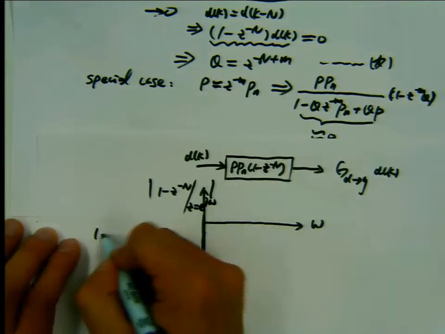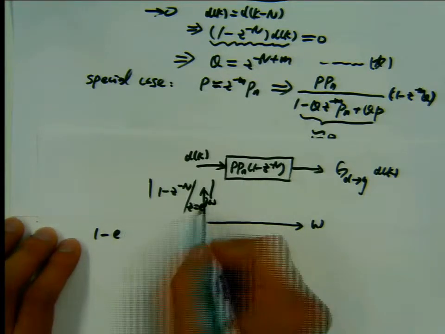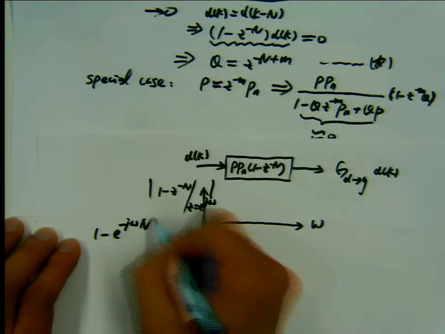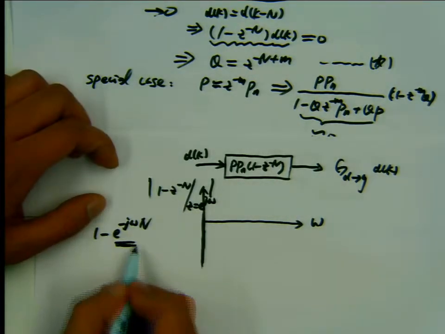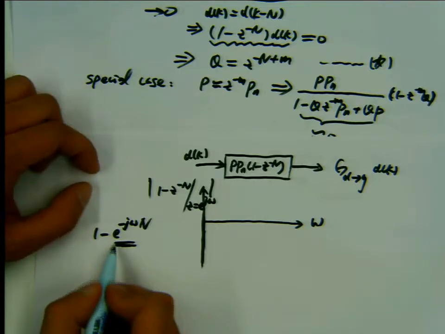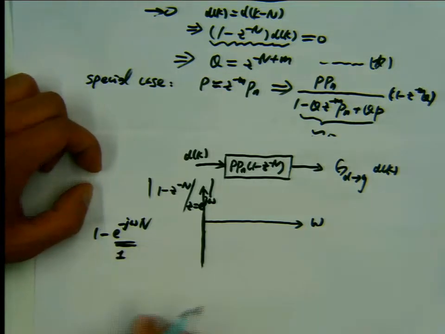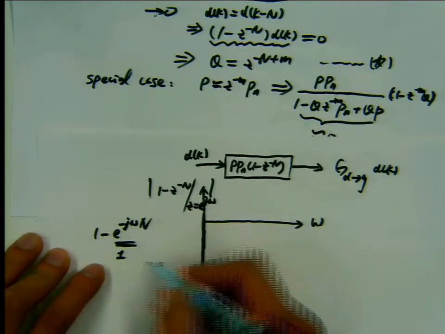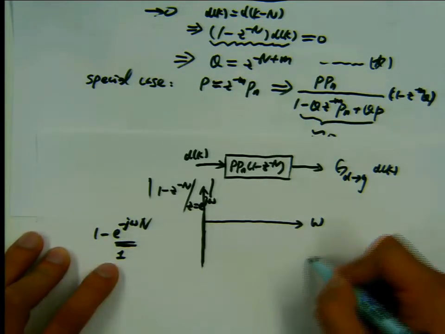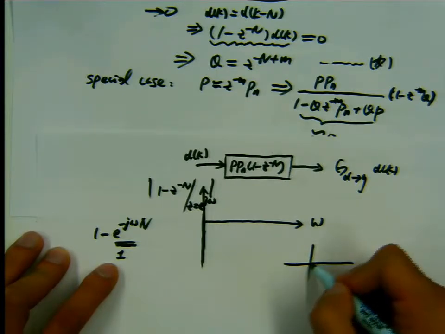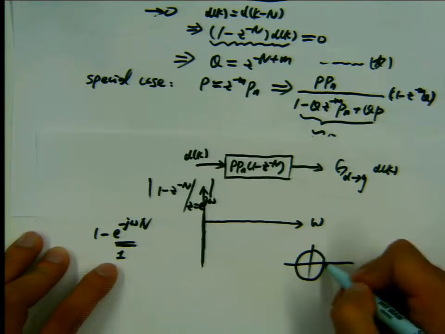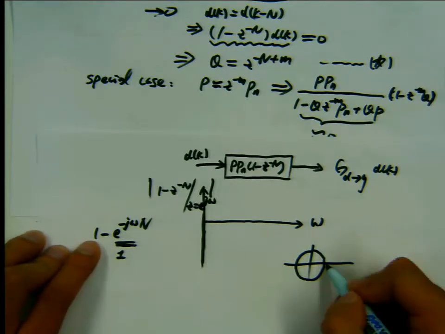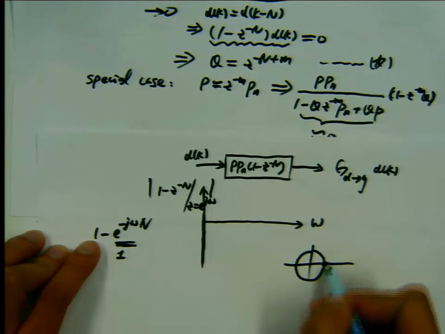So I'm going to have 1 minus, replacing z with e to the j omega, e to the negative j omega N. What's the magnitude of this? It's always 1. It just has a phase angle. So it's almost like I have something always of unit magnitude, but it's changing in phase. And then 1 minus this. So I have this point minus the points on the unit circle here.